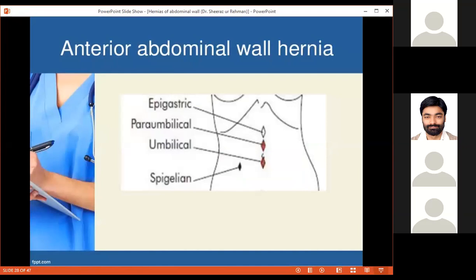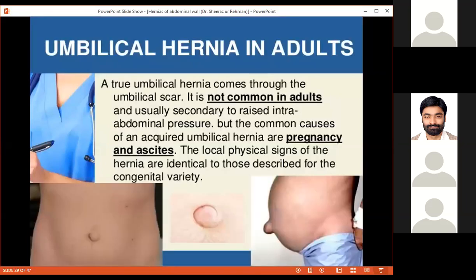Just a recap: anterior abdominal wall hernias. Besides inguinal hernias, the commonest are epigastric, paraumbilical, umbilical, and Spigelian hernia. True umbilical hernias usually occur in adults, or patients with ascites, or patients who have developed them because of pregnancies. So the defect goes directly through the umbilicus.